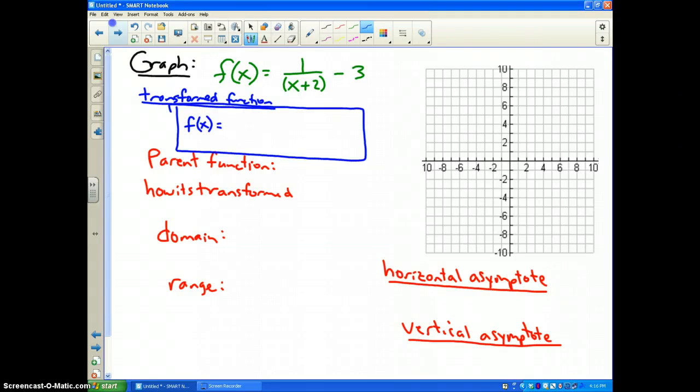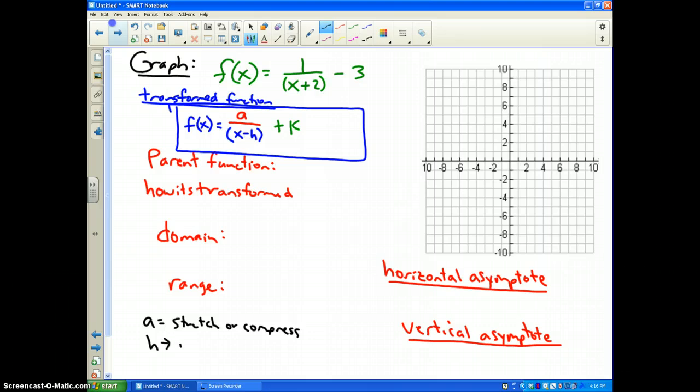The transformed function, and I'm going to do some color coding, would be a divided by parenthesis x minus h in parenthesis, and then the plus k part out here. And it works the same way as always. First of all, a is the stretch or compress.